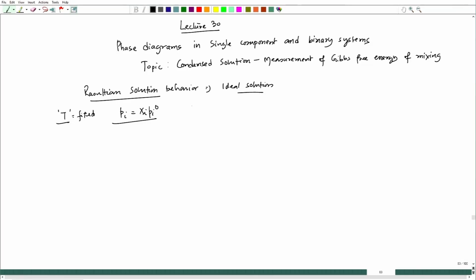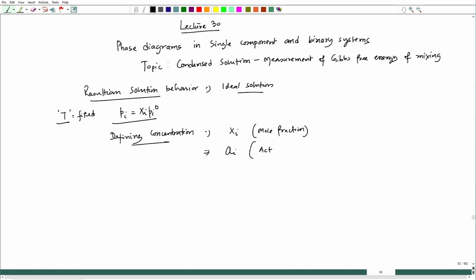Now, when we talk about solution, whether it is a mixture of gases or solution, there are two ways to define concentration. One way is the easiest way of defining concentration, that is basically mole fraction, or Xi. The other way is basically bringing in activity.